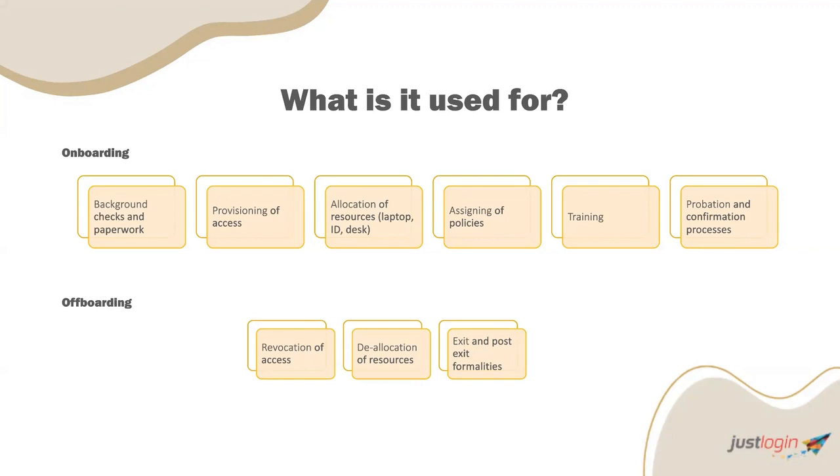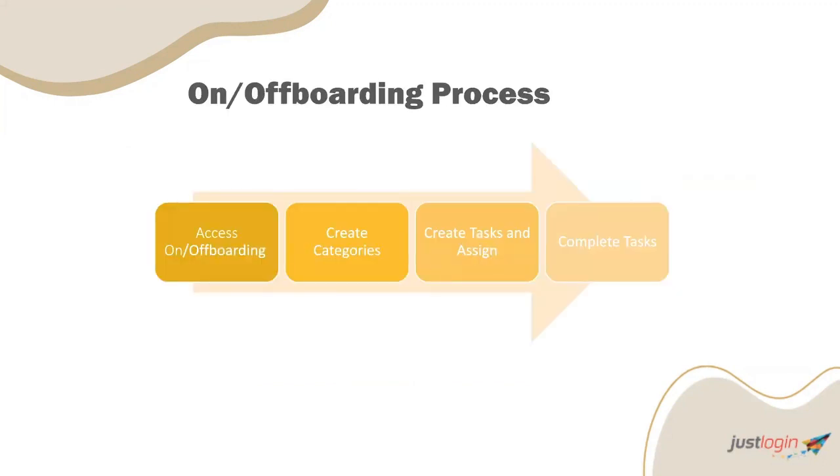Similarly, for offboarding, the process would typically include revocation of access, deallocation of resources, and the exit and post-exit formalities. So for the on-offboarding process, you would be given access to on-offboarding, and then you can create the categories in the system. You can create tasks and assign them to people, and then complete the task in the system.